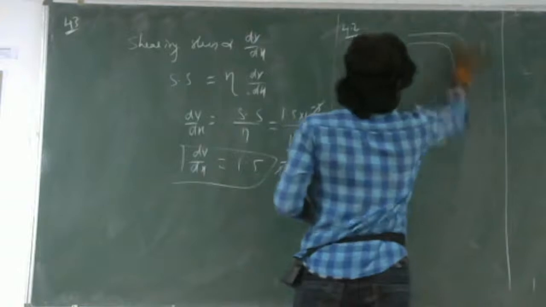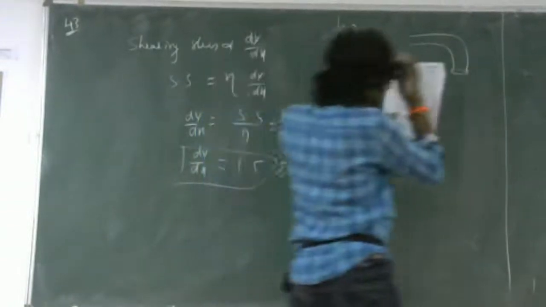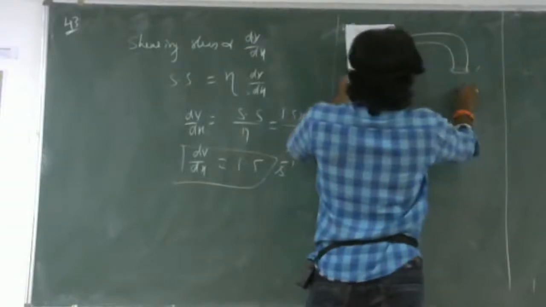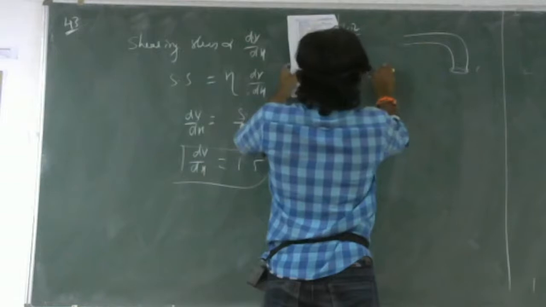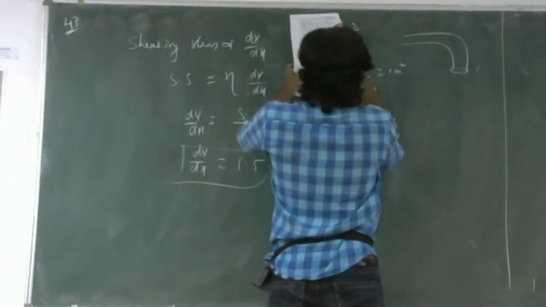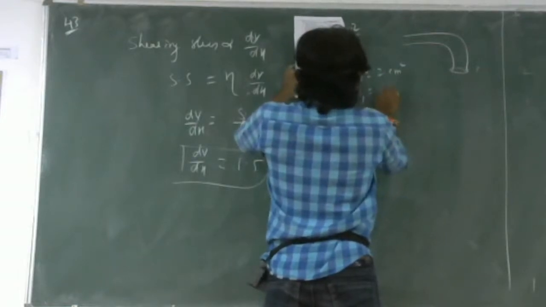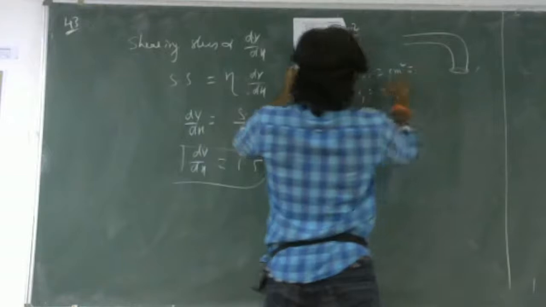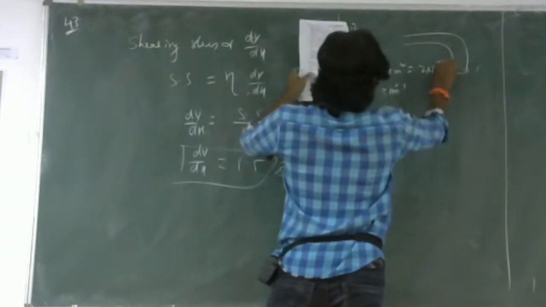This is a tap. What is given here? Let us say this is the first point, and here the area is A1 equal to 2 cm square, and the speed of the liquid here is V1 equal to 3 meter per second. So you have to convert this into meter square: 2 into 10 to the power minus 4 meter square.